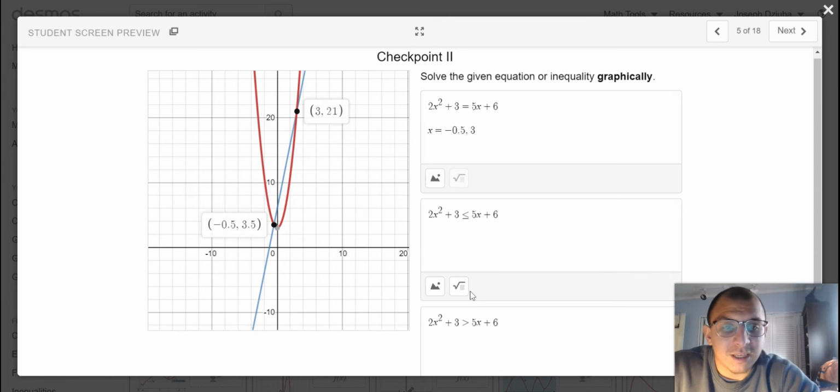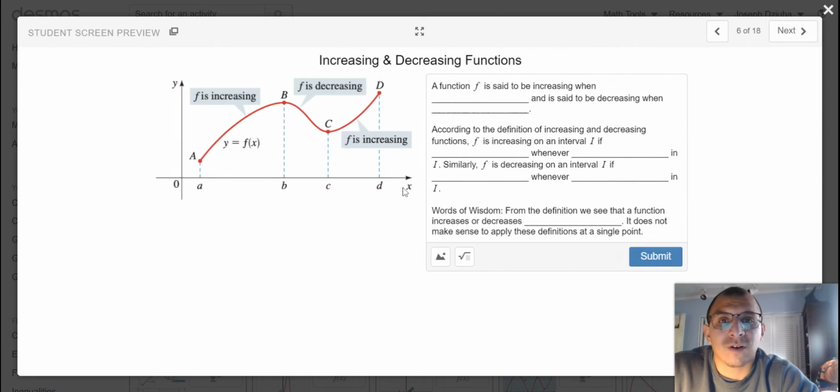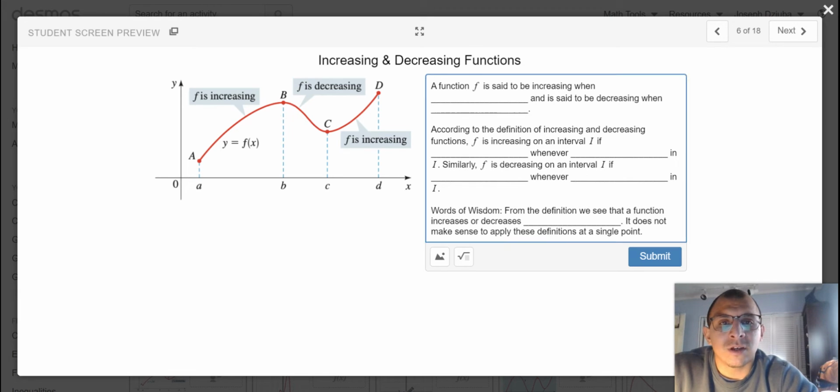Determine what this inequality is saying and the subsequent x values that satisfy those inequalities before moving on to increasing and decreasing functions. Right?